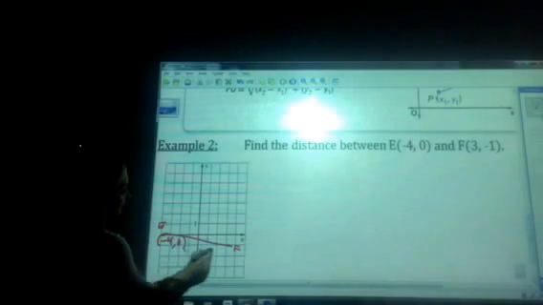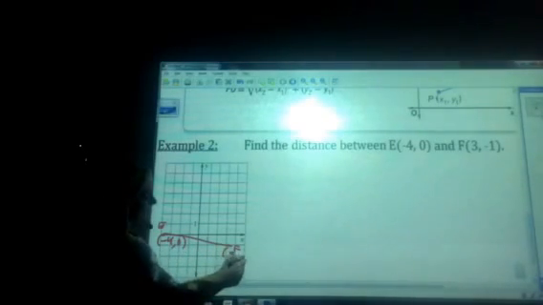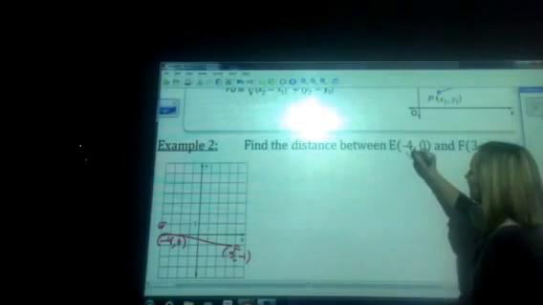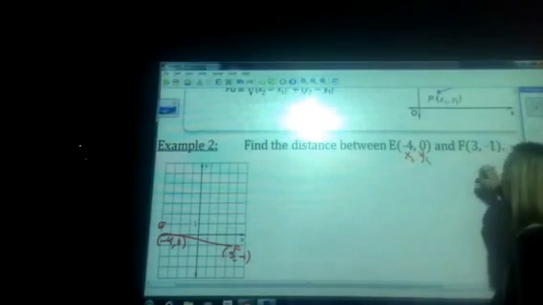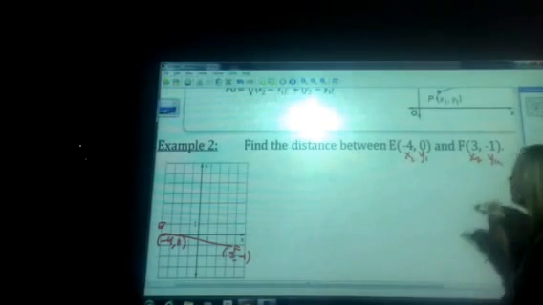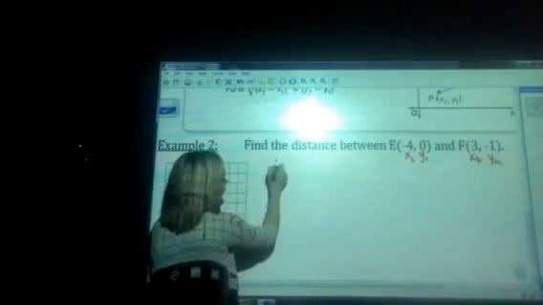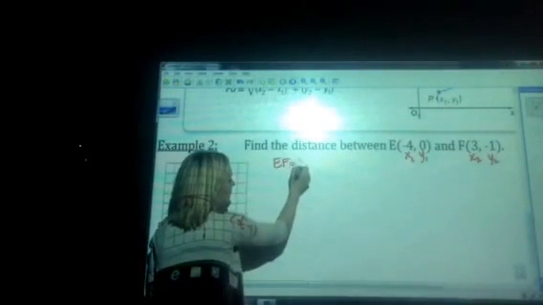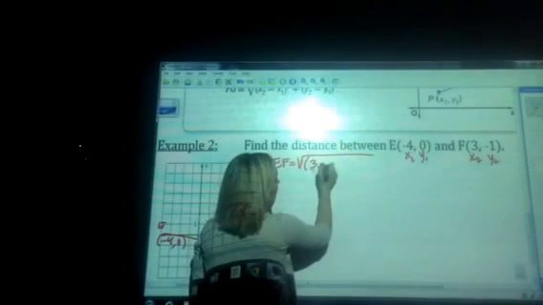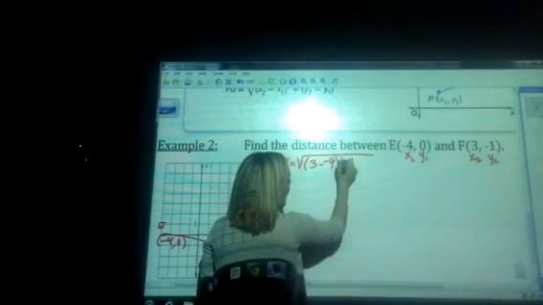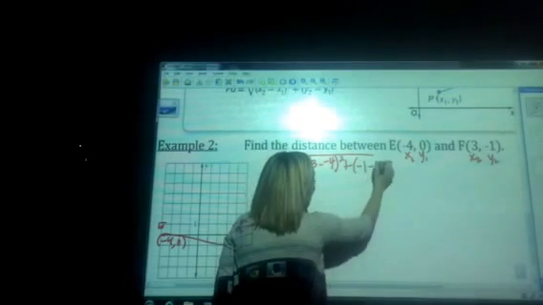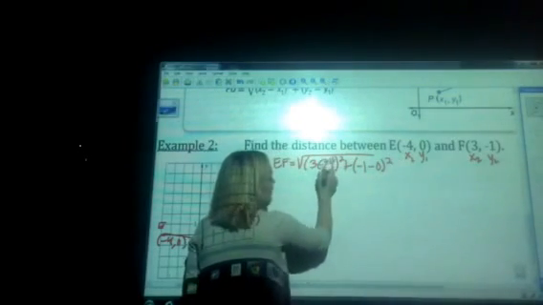Now, whether you look at it graphed or if you look at it listed right here, since E was our first point here, we could call it x1 and y1, and F would be x2, y2. So remember, the distance between EF, using our distance formula, would be the square root of my x values, 3 minus negative 4 squared, plus the difference between my y values, negative 1 minus 0 squared. 2 negatives make a positive.